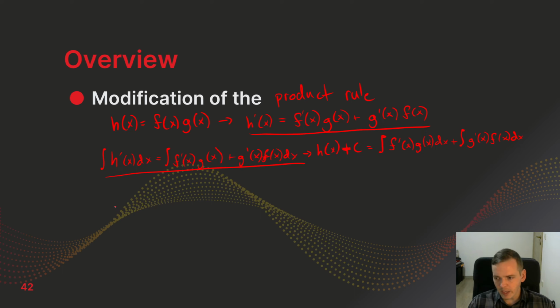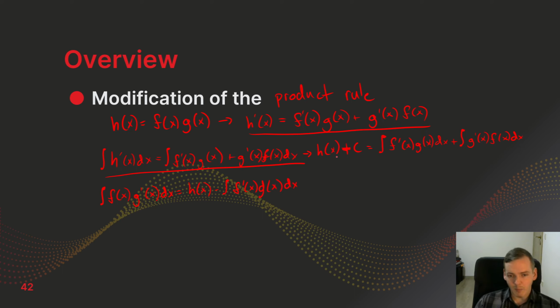But if we rearrange this, we can get the integral of f of x g prime of x dx is equal to h of x minus the integral of f prime of x g of x dx.